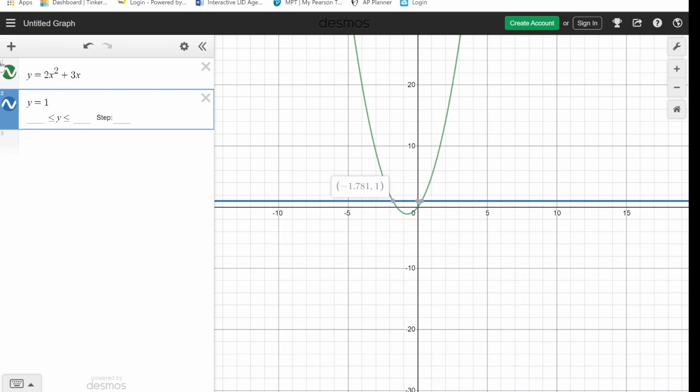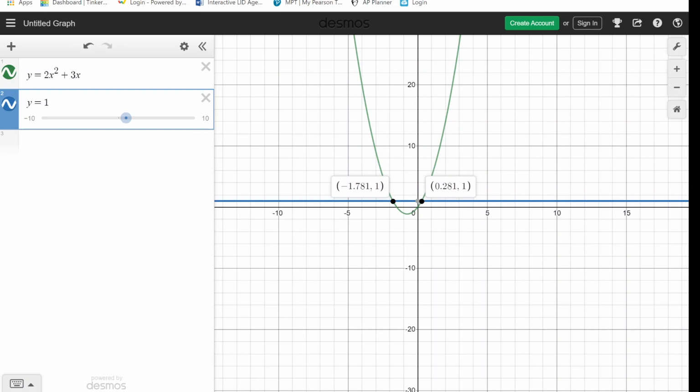And then I just look where these two lines intersect. And 0.281, negative 1.781, got the same answers this way too. So if you just do y equals each of the sides and look at where they intersect, that also works for solving questions like this.